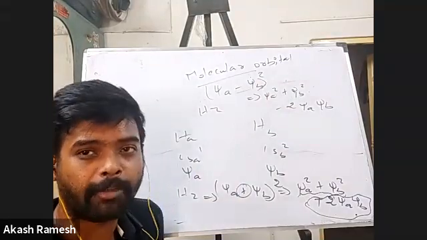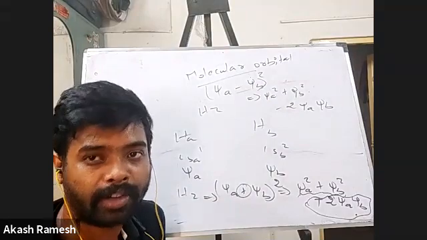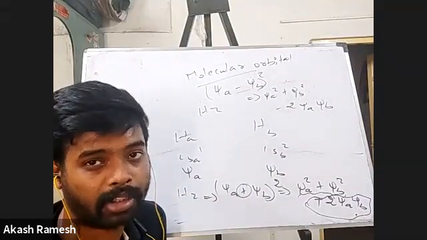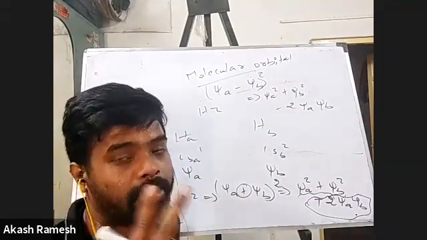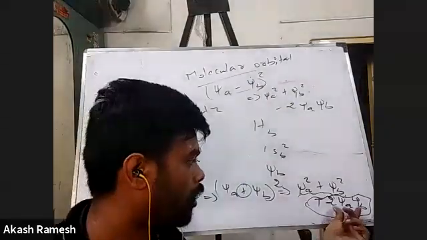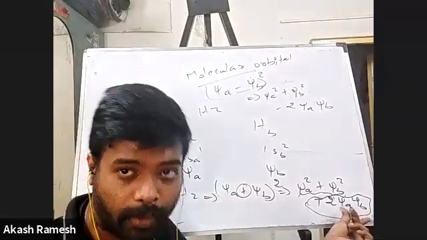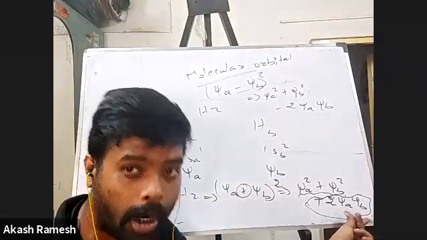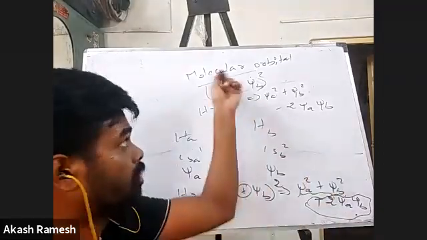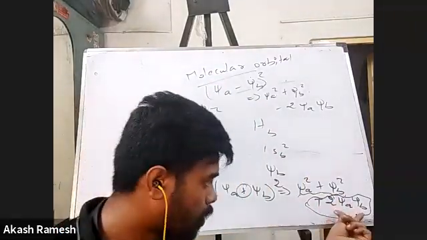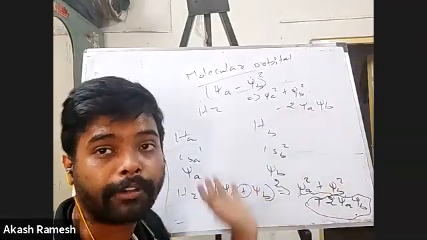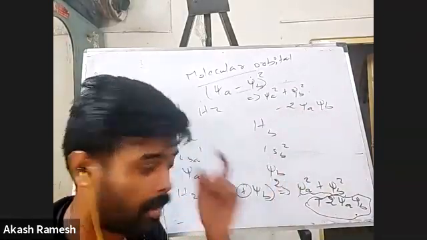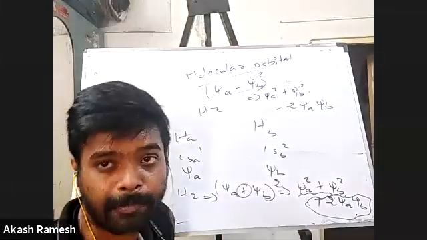Understood? So the same wave functions will undergo two different types of interference, one constructive, one destructive, to form two different molecular orbitals. Please understand, this obviously corresponds to a wave. This wave corresponds to an orbital, which is going to be called a molecular orbital. So this molecular orbital and this molecular orbital are different because they are formed by two different types of interference, one constructive and one destructive.